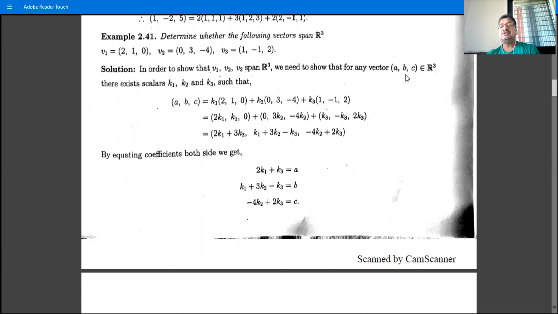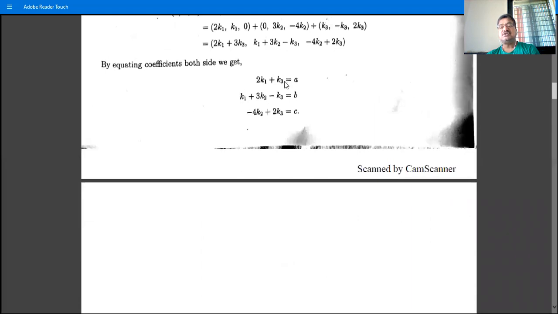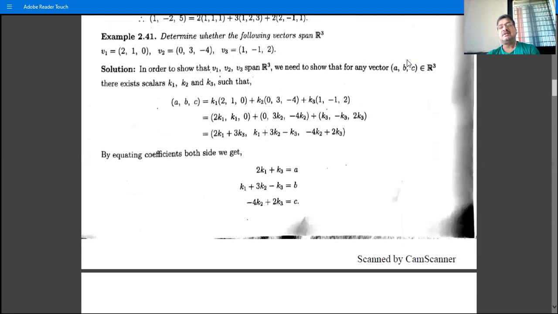But if this system is consistent, that is, if we have the values of k1, k2, k3, then we say that (a, b, c) is expressed as a linear combination of these three vectors, and then we say that these three vectors span R3.